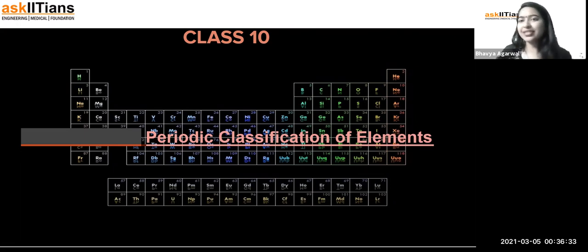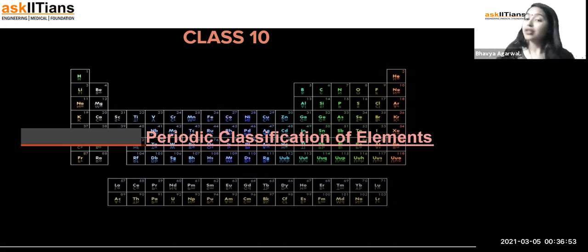Then we also discussed Dobereiner's triads, Newlands, Mendeleev, and finally the modern periodic table, for which we devoted the greatest extent of our time and knowledge.